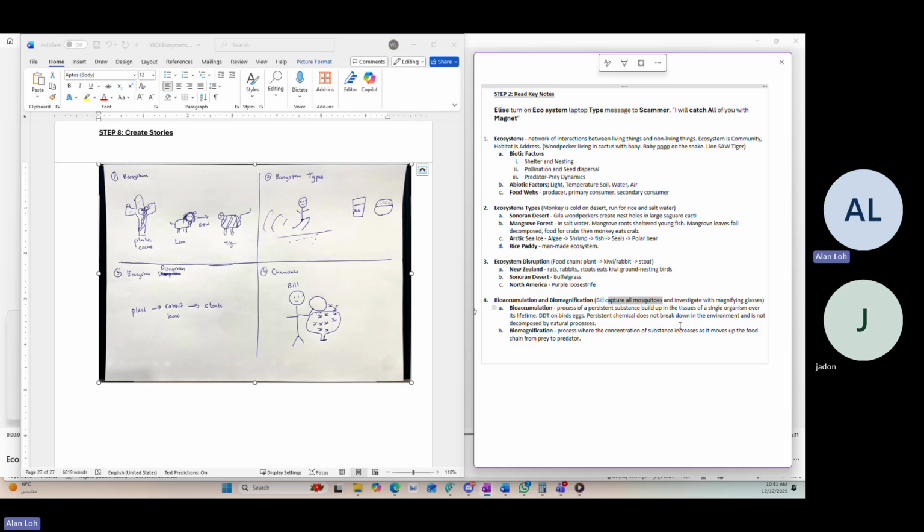So the magnifying glass helps you remember biomagnification. Does it make sense now?